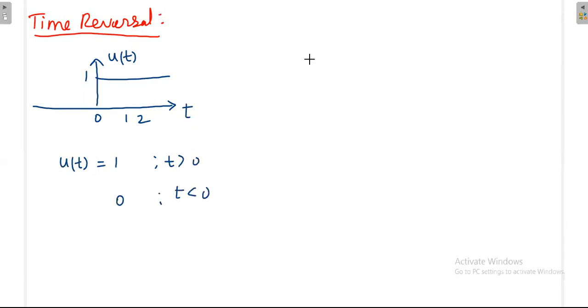And once if you want to calculate u of minus t, for example, if this is the signal x of t, then I have to replace t with the minus t, x of minus t.